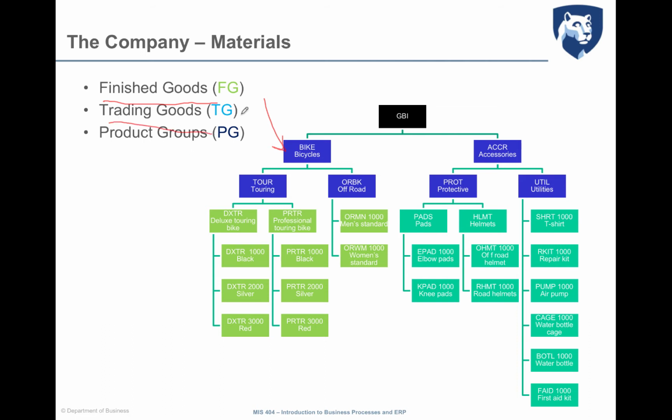Trading goods, which are the accessories which are bought from the external supplier. And then we have the materials that are needed to manufacture these trading goods and finished goods, and here you see them with their acronyms as registered in the SAP system. But let's analyze that in more detail.